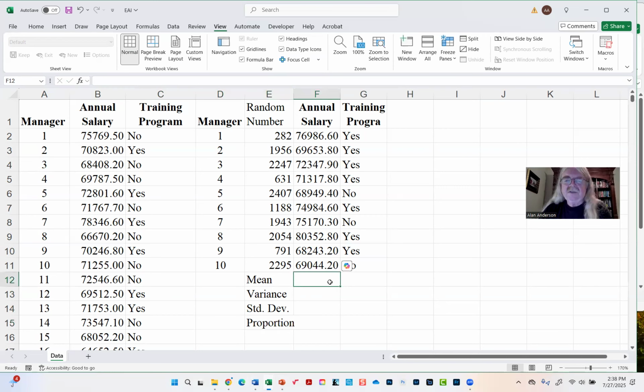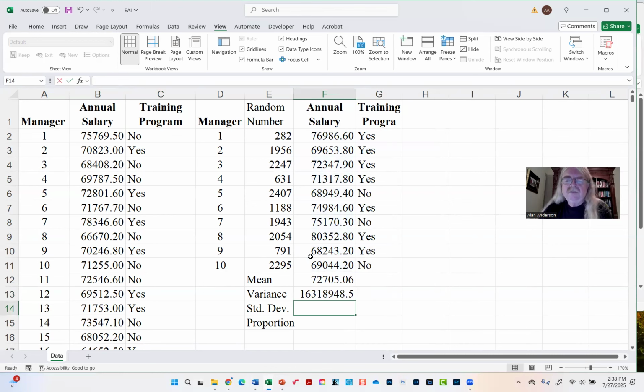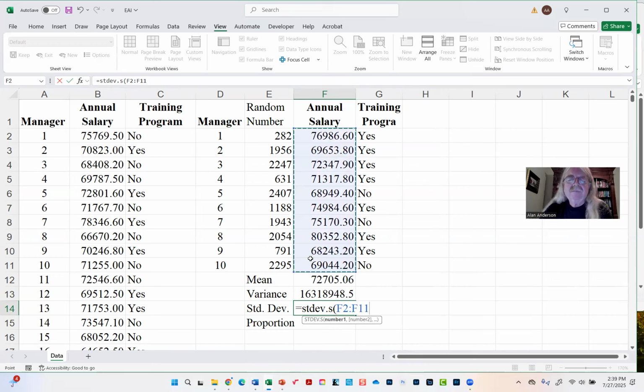Okay, so the mean is simply the average. The variance, VAR.S, remember, because it's a sample. The standard deviation, we could do this one of two ways: STDEV.S, or we could simply take the square root of the variance.